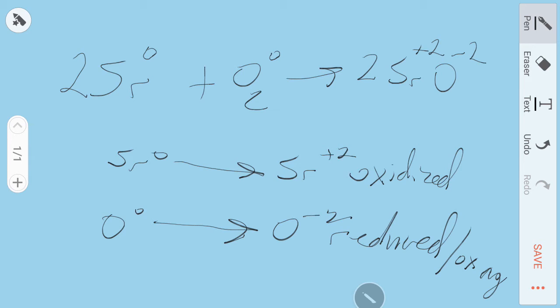And if oxygen is being reduced, who's reducing it? In this case, it's strontium. So strontium is the reducing agent. So all my fans and subscribers in 10B, this will be new to you, but you can learn it through this video, no problem. So this is my complete answer for number one.